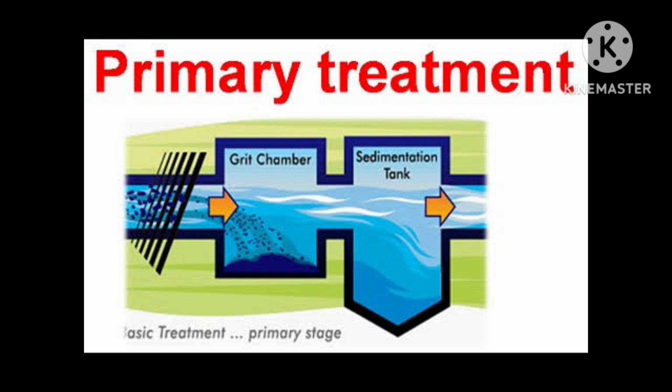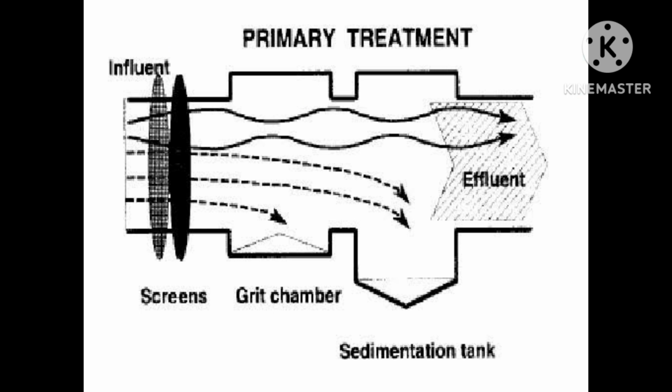Now I am talking about the activated sludge process. Activated sludge process involves extensive aeration of the sewage water and the process of aerobic oxidation being enhanced by addition of a part of sludge from previous oxidation process into sewage water.